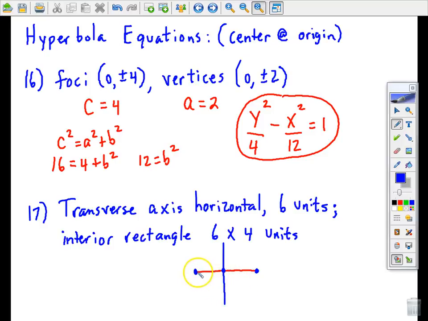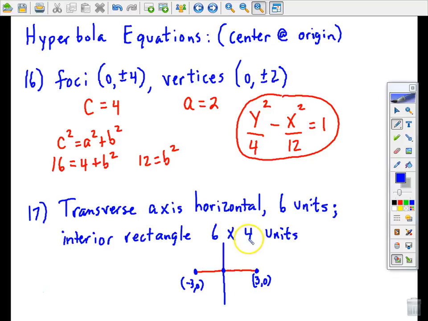So let me just pretend for a second that this red line represents the horizontal transverse axis. And if it's a total of 6 units, then that means this has to be (3, 0) and this has to be (-3, 0). Okay, total of 6 units.